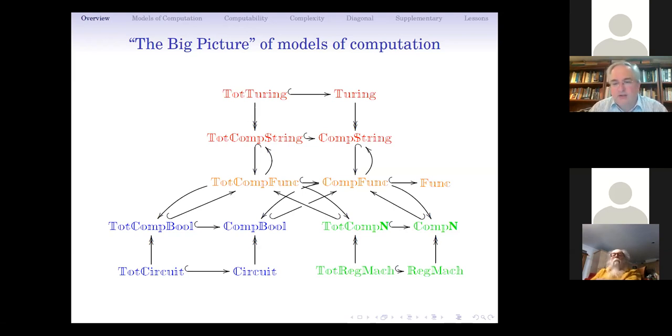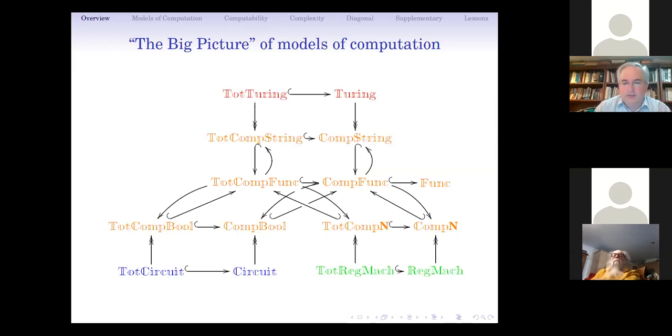You have Func, Computable Func, and Total Computable Func. I'll tell you right now, this is all functions whatsoever. This is computable functions, and that means functions that computers can compute, and this is total computable functions that are computable, and they are total. Every input has an output.